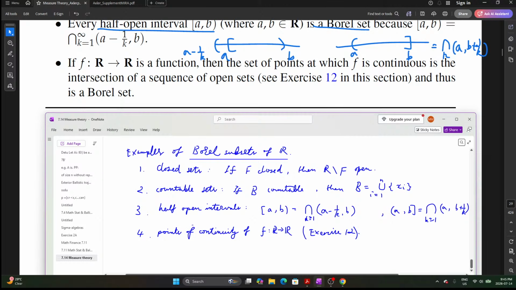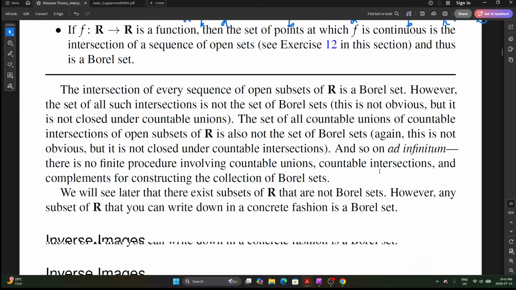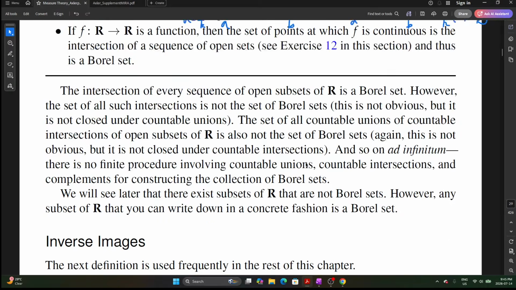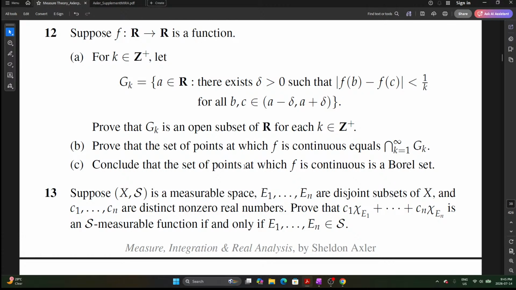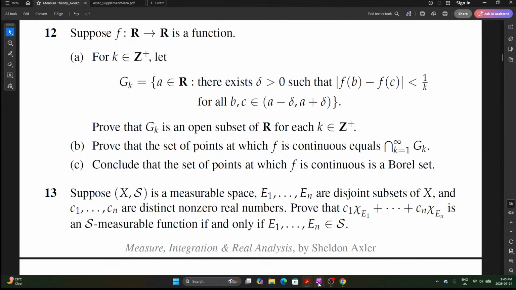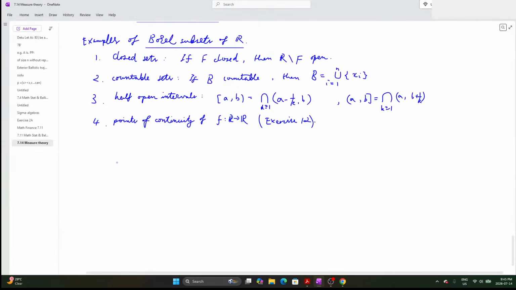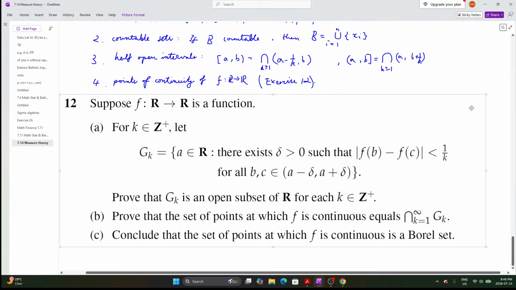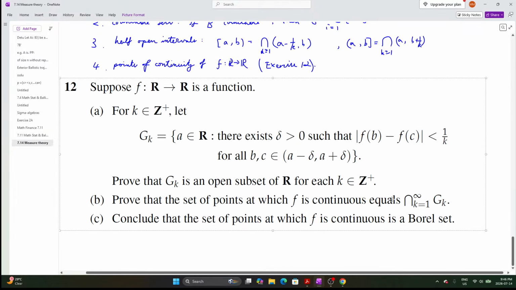Okay. So let's do exercise 12, shall we? It seems like an interesting problem. Let's just put this down in our notes. See how the argument is constructed.